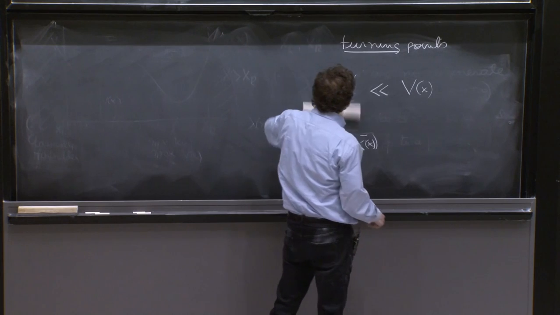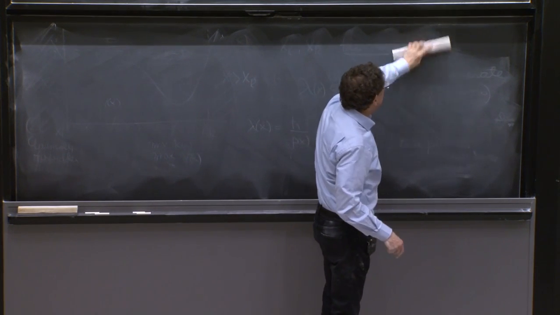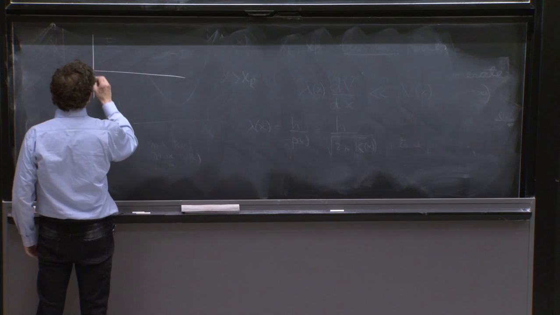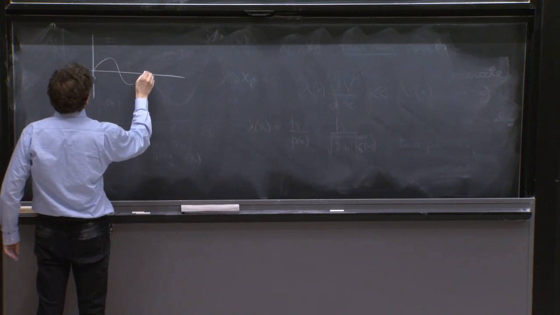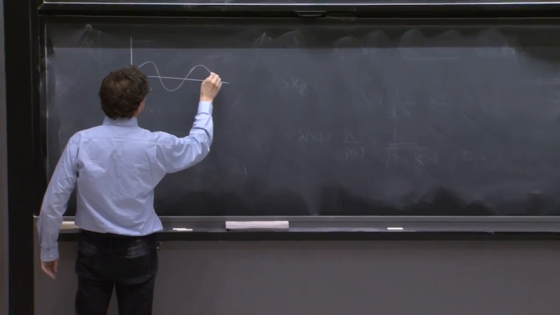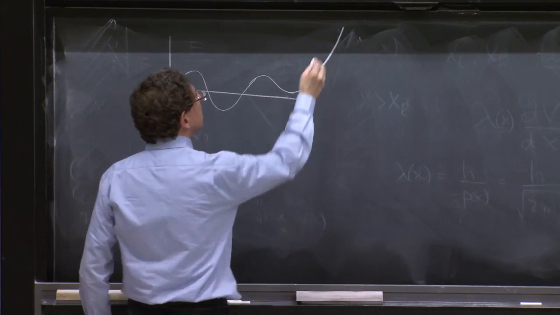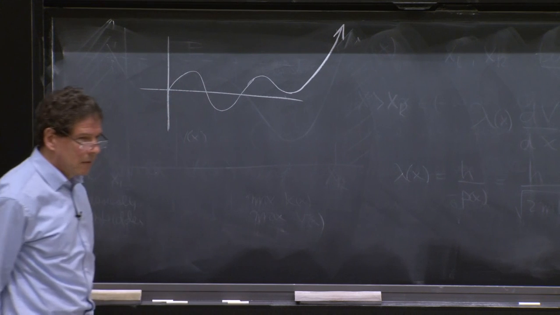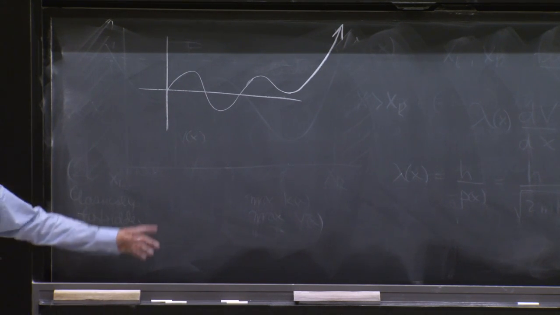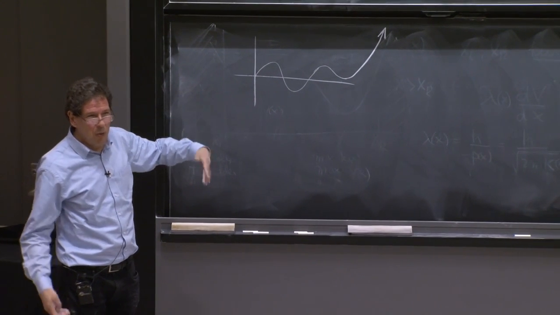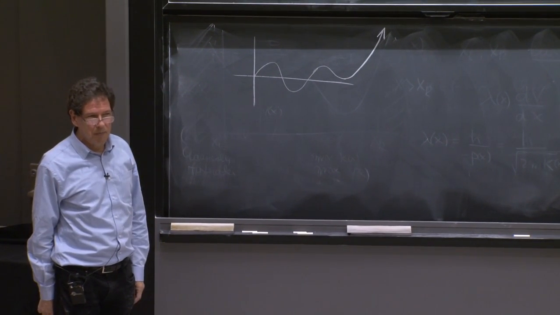So the problem is that you can see it visually. If you pick some energy, the wave function will do something, and then it will start blowing up. And then you say, oh, that energy is no good because the wave function won't be normalizable.